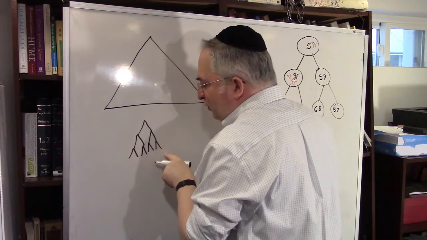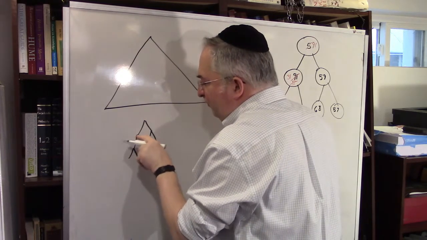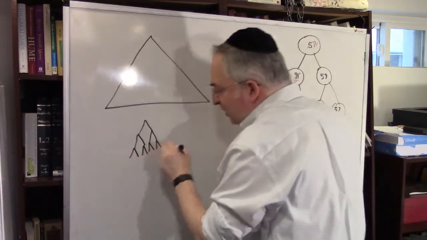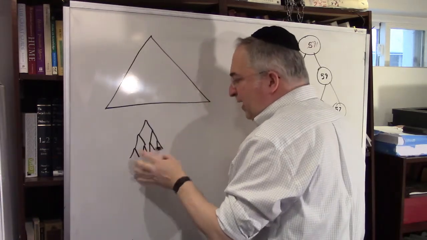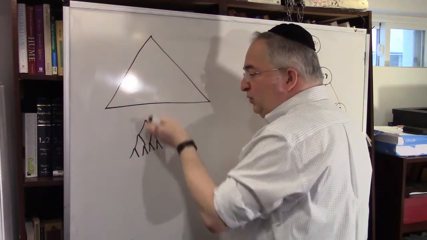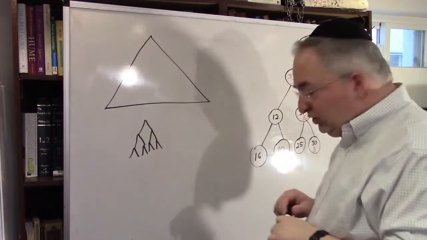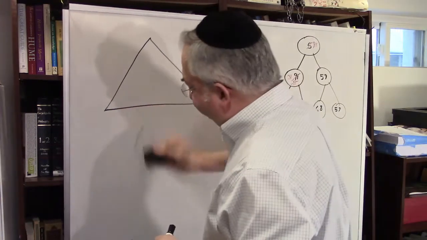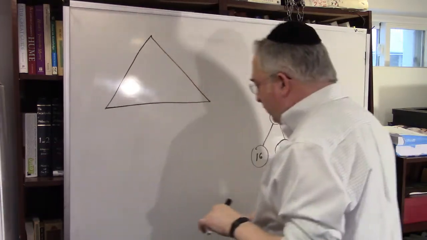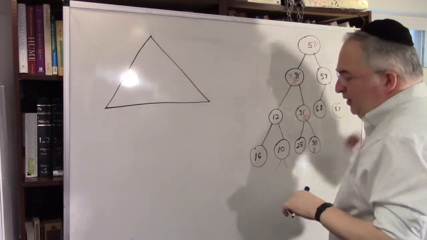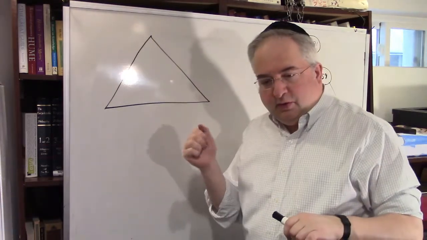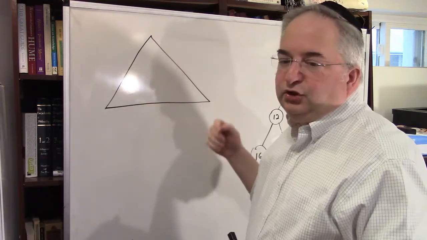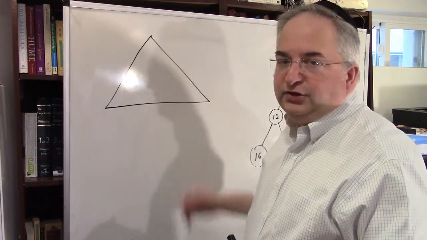There's 8 nodes on the bottom. There's 1, 2, 3, 4, 5, 6, 7 nodes on the top. If you did another one, there would be 16 nodes on the bottom, and there would be 15 nodes altogether. So this is called exponential growth. And the point is, of all the nodes that you can have, the last generation is equal to one more than all the previous generations.